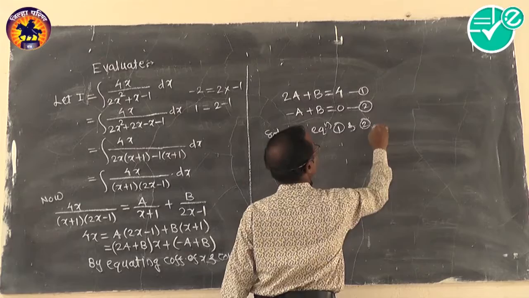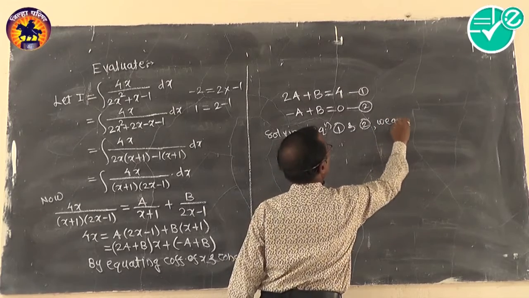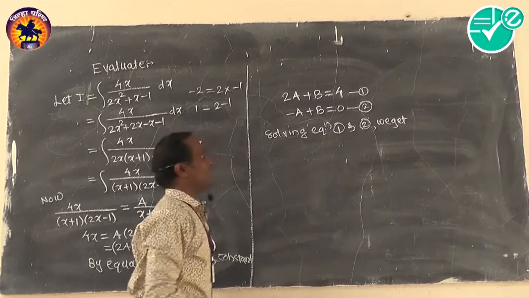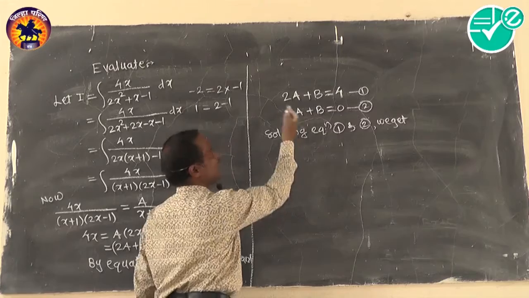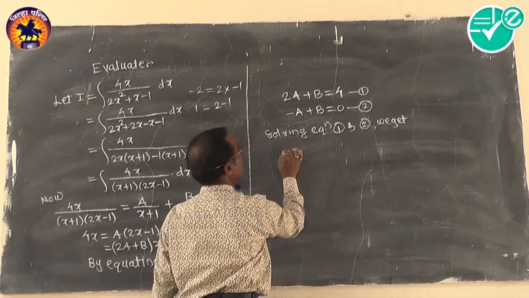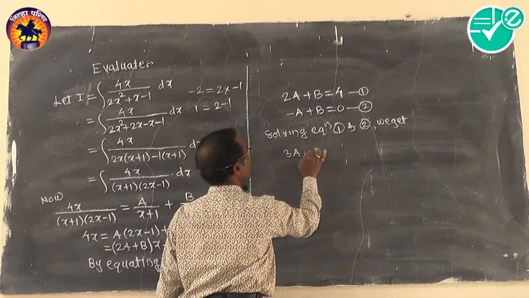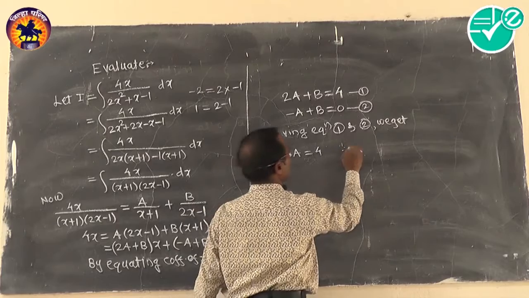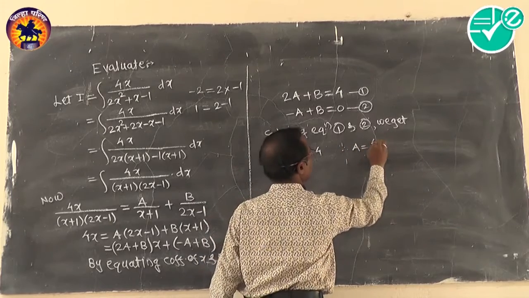Subtracting these two equations, we get 3A is equal to 4. Therefore A is equal to 4 by 3.